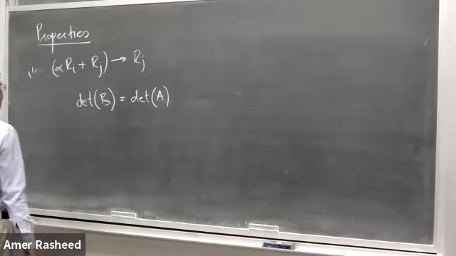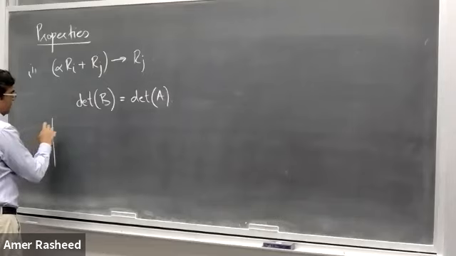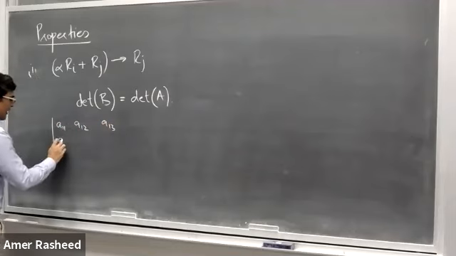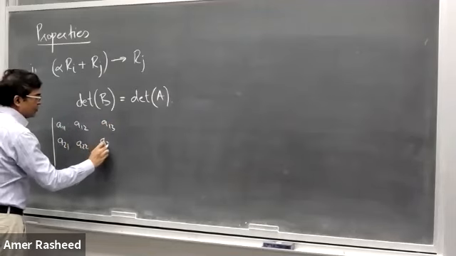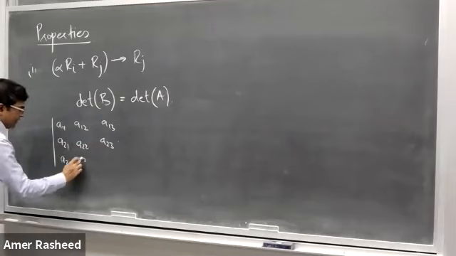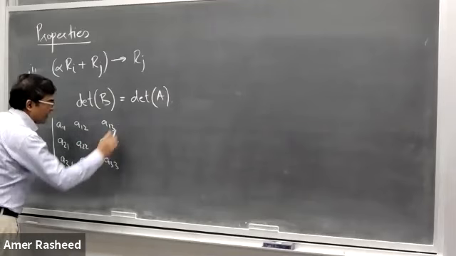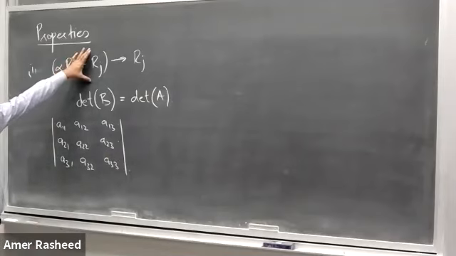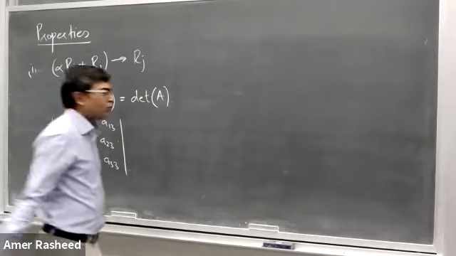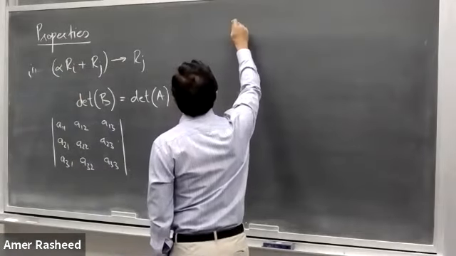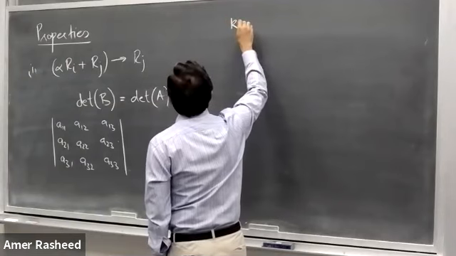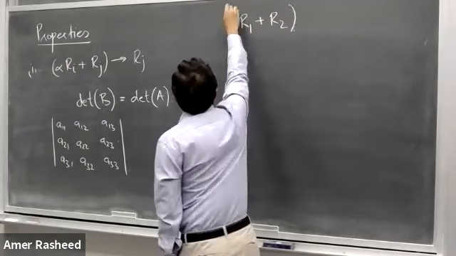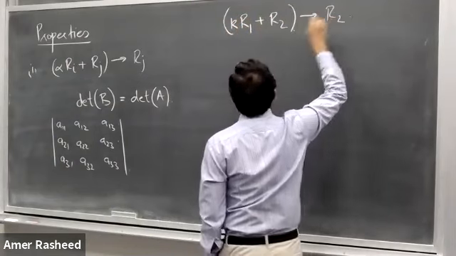Why is it so? Let's look at, for example, A11, A12, A13, A21, A22, A23, and A31, A32, and A33. Now apply this kind of elementary row operation on this matrix. For example, I multiply the first row by K and add it to the second row. What will change? Row 2 will change.